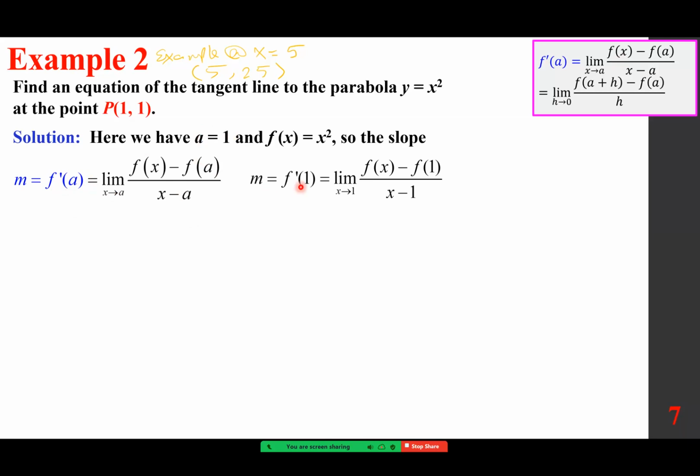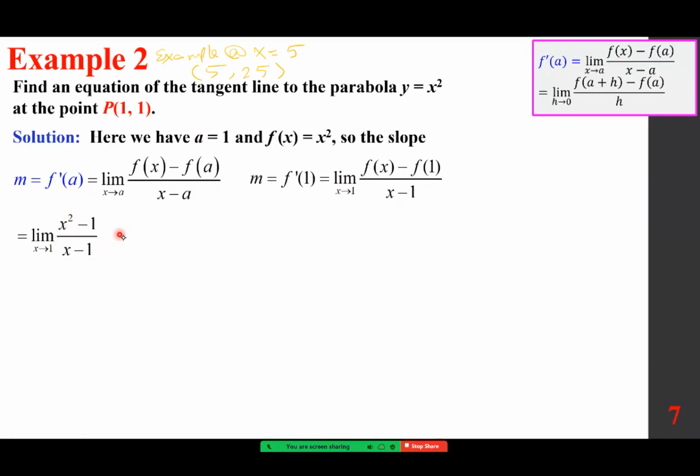So m or f prime of 1 is the limit of f of x minus f of 1 over x minus 1 as x approaches 1. And as you know, f of x is obviously x squared. And this can be factored. By the way, if you plug in, I hope you notice you get 0 over 0, and you're dealing with a rational expression.